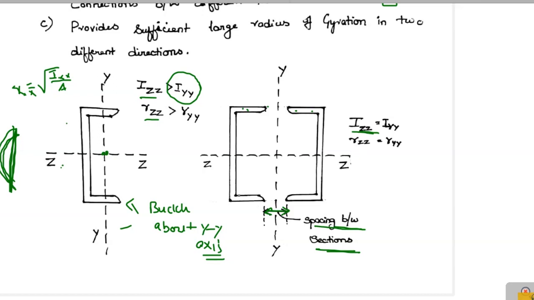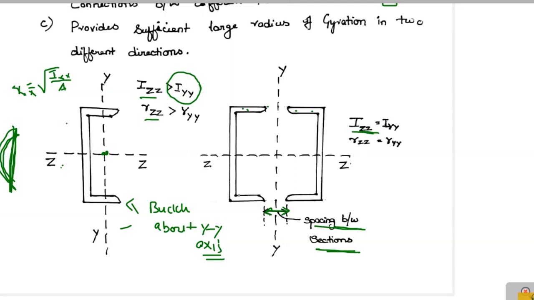This is important. So we are going to provide spacing between these two sections in such a way that IZZ is equal to IYY. This is the reason, this is important.